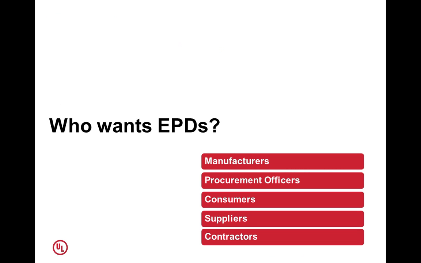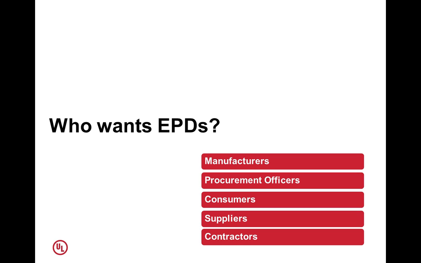So who wants these documents? We are definitely seeing a high demand from manufacturers at the moment, not only here in North America, but globally. We're also starting to receive inquiries from those that are purchasing products and specifying products. At this point, people really are trying to understand what EPDs are and how they're used, in addition to understanding more about carbon footprints of products.